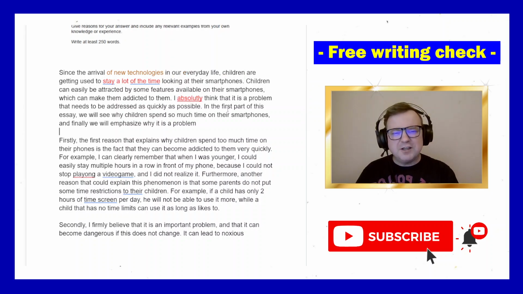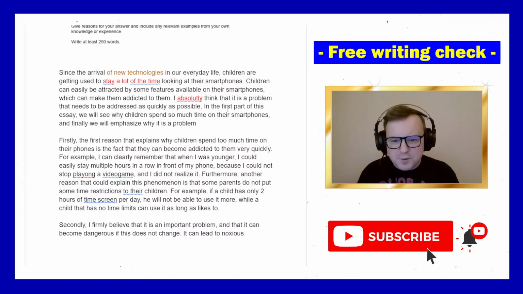This heavy maximalist language generally is avoided. Sometimes, like undoubtedly, maybe that's an adverb that could be used, but "I absolutely think" grammatically, it's strange to use absolutely with think, but also it seems a little bit emotive for an academic text. "I absolutely think that it is a problem that needs to be addressed as quickly as possible."